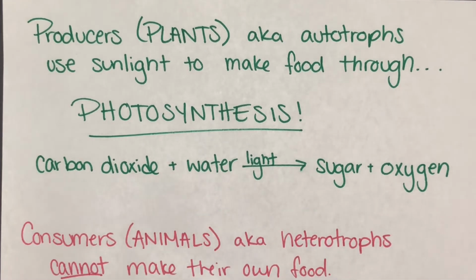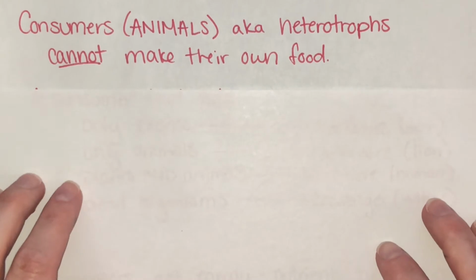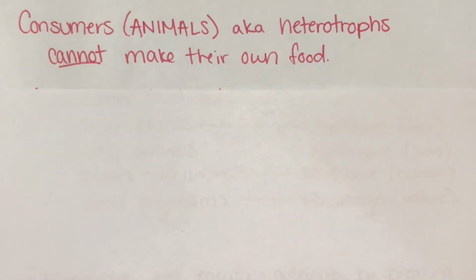Next, consumers. Consumers are mostly animals, get chemical energy or food from others. Therefore, they eat other organisms because they cannot make their own food like producers. They're also called heterotrophs. Hetero means different or other, and troph means method of obtaining food, so they get their food from others.